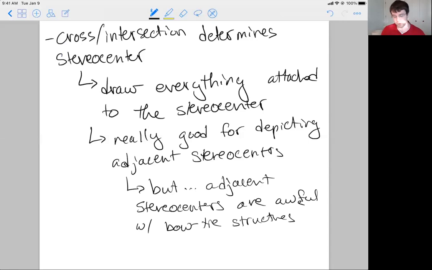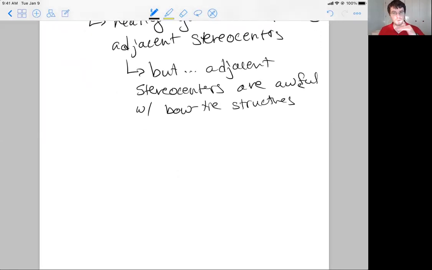Yeah, hear me out. What we want to do is just be able to determine R and S. That's what we ultimately fundamentally have to do, is determine R and S at stereocenters on Fischer projections, or assign R and S at the intersections or the crosses on these Fischer projections.